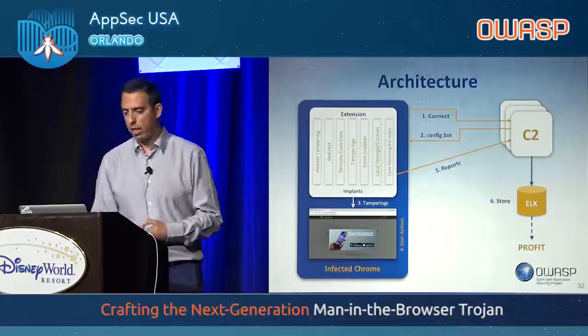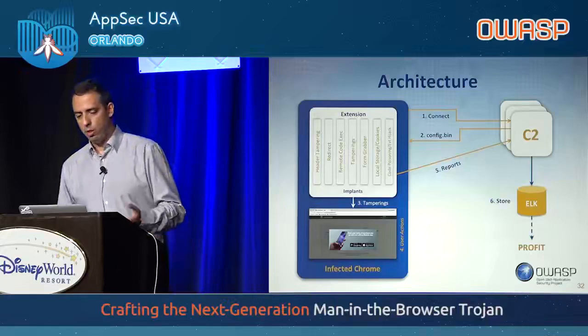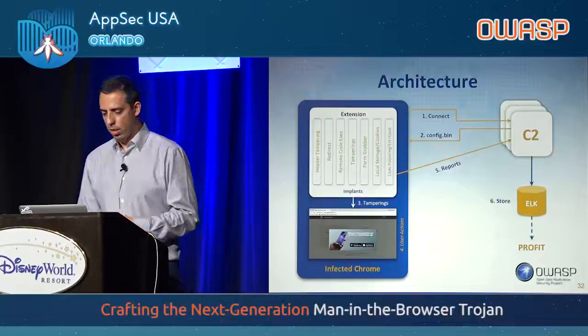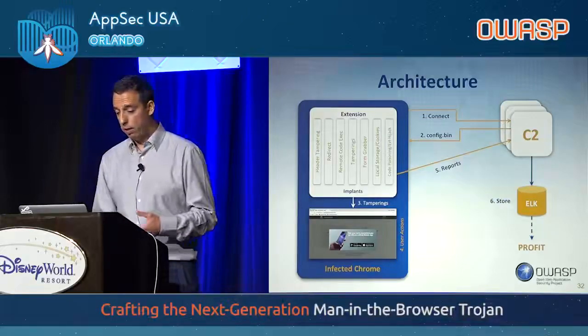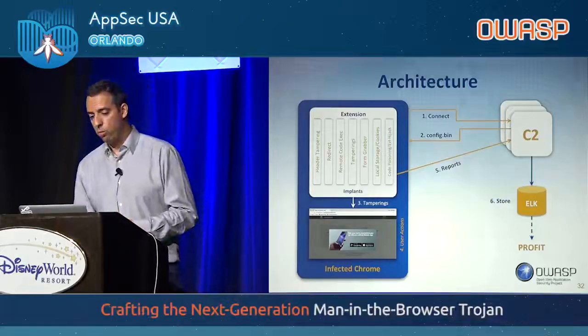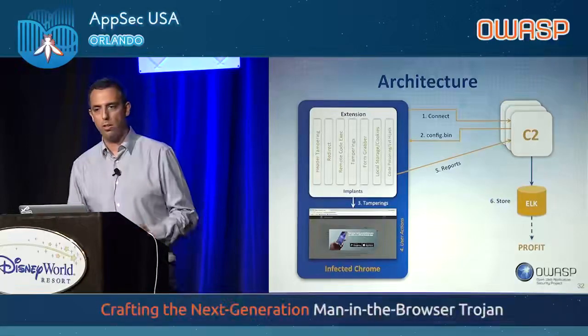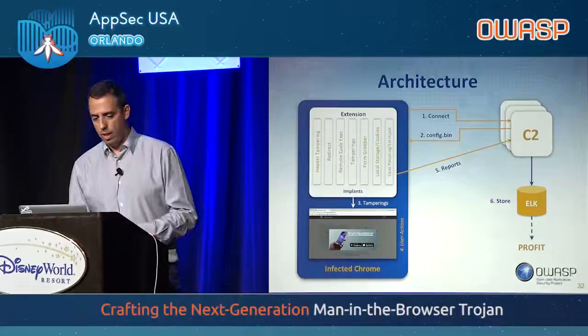This is our architecture. So to the left, you can see the infected Chrome, and to the right, you can see the C2s. So the infected Chrome first connects to the C2, receives the configuration, including a list of web injects and everything.